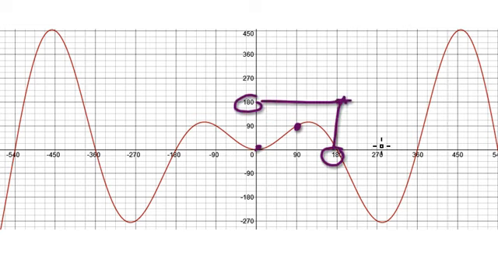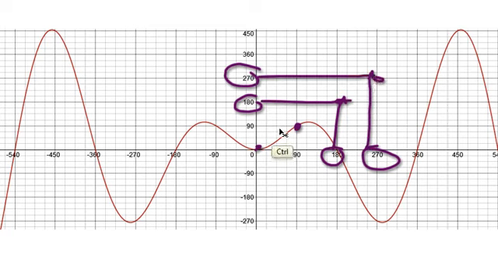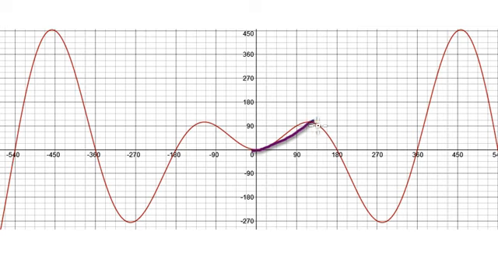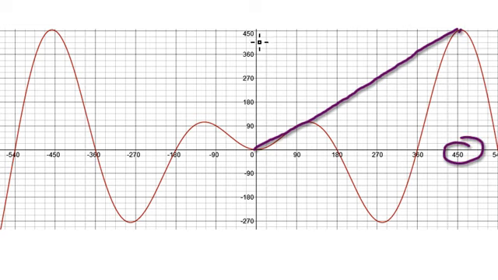Move across, it will be here. 270 here. Move up, 270. So our y equals x will look something like this, and then this is 450. That's why the amplitude here is 450.